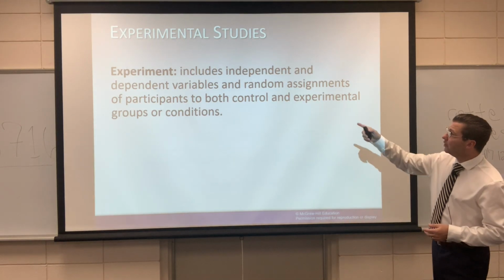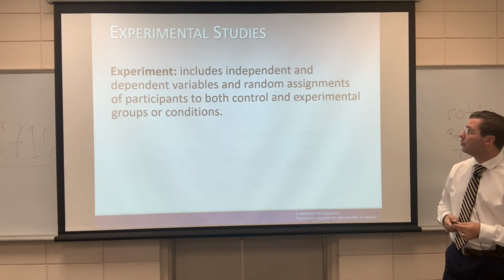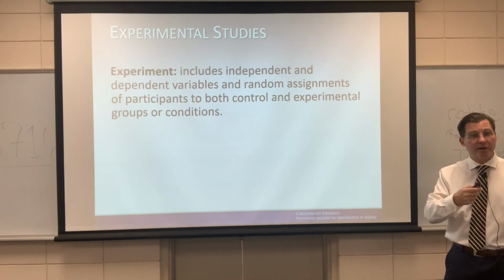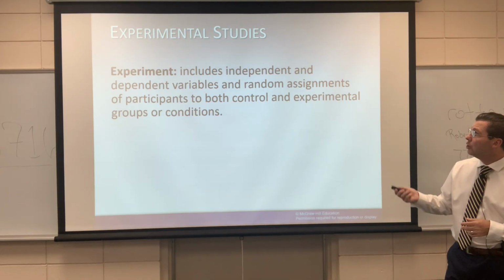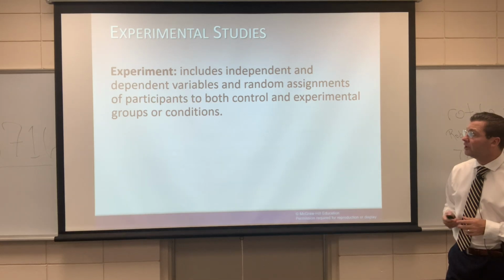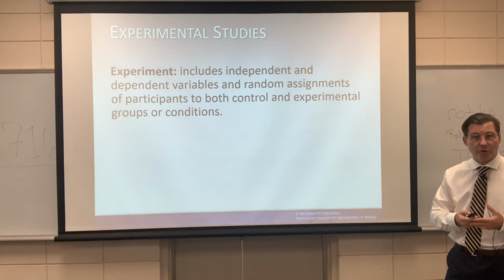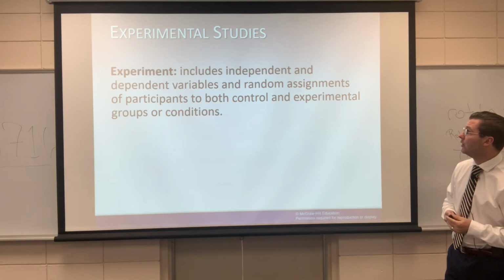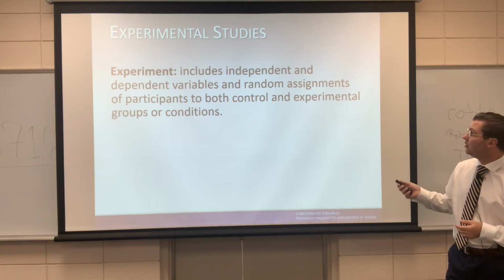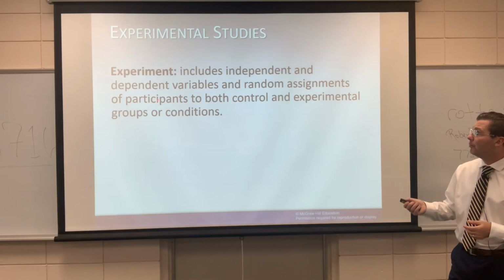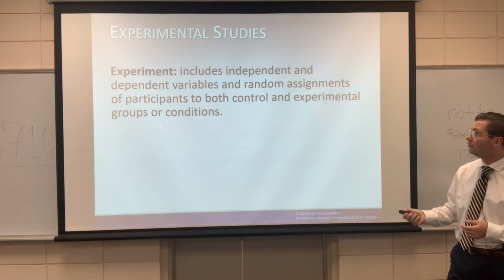Okay? So in an experiment, when we're looking at these variables and we're trying to decide what the independent or dependent variable is going to be, we would say, okay, independent is going to be the predictor. The dependent variable is going to be the outcome that we're measuring. And then we're also going to need to randomly assign participants to both the control and also the experimental group.